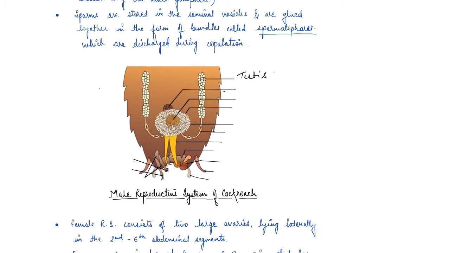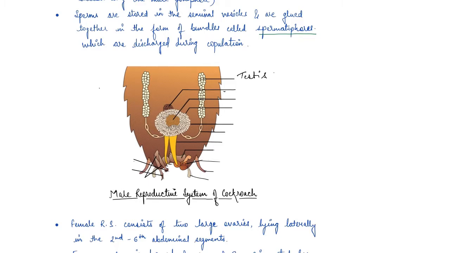These lie on the lateral side in the fourth to sixth segment of the abdomen, right? Now, from each testis, we have a thin vas deferens which opens into the ejaculatory duct through the seminal vesicle.